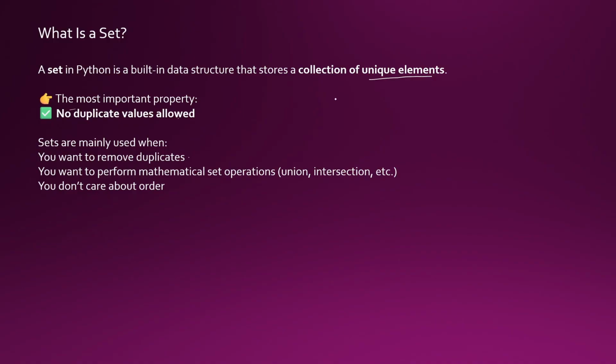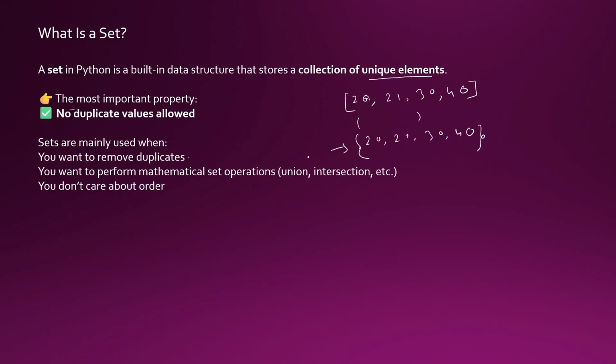Just like lists and tuples, suppose we have some data. In the case of a list, we put square brackets, and in the case of a tuple, we put parentheses, right? But in the case of a set, we just write our comma separated data and enclose it with curly braces.